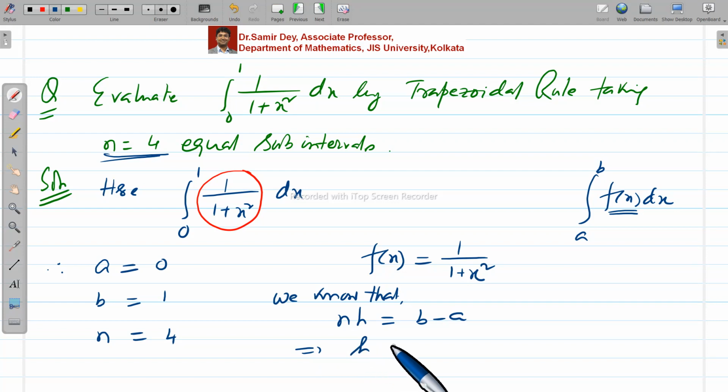So what is h? b minus a is 1 minus 0, and n equals 4. Ultimately h equals 1 by 4, which is 0.25. Is it clear to all of you? Please write down 0.25. Now I think it is clear.